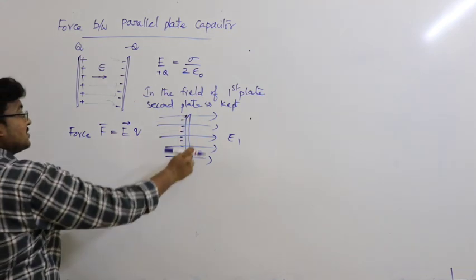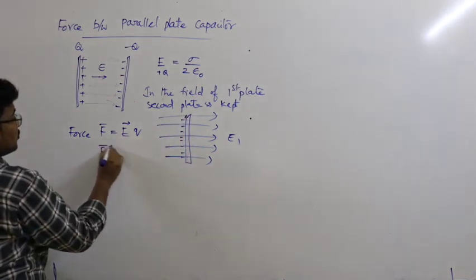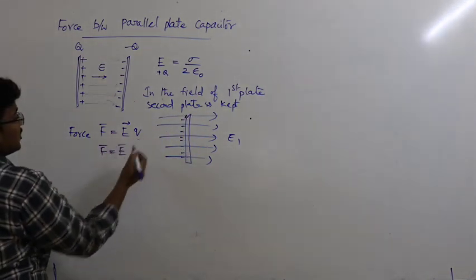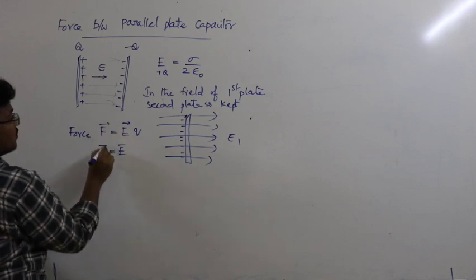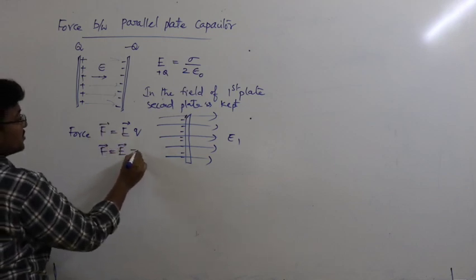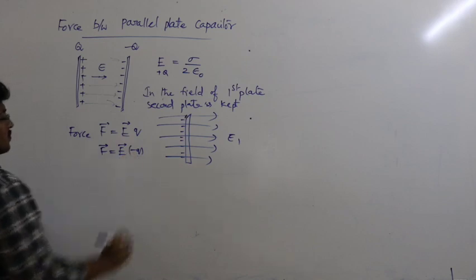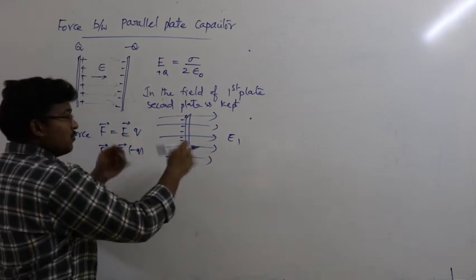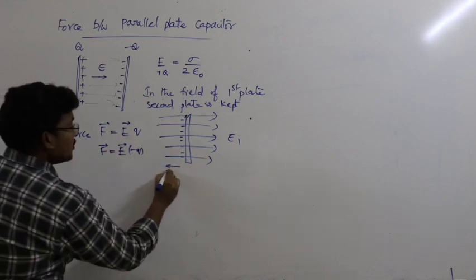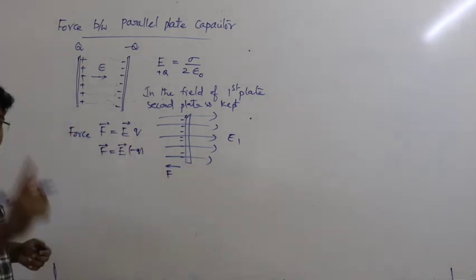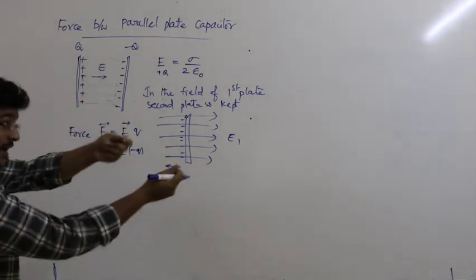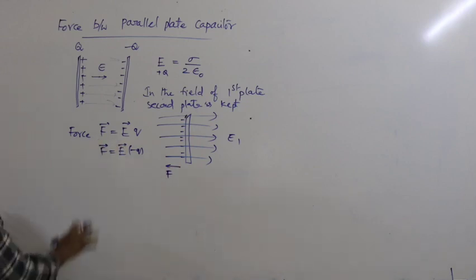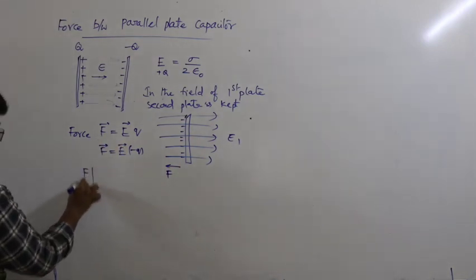So as this is negative, force is equal to E bar into the charge, which is minus q. That is why if the electric field is this side, the force will be this side, because you know that this positive plate attracts. Now I want the magnitude.